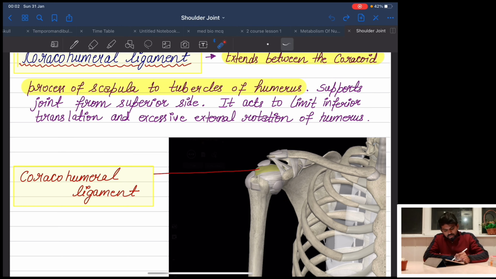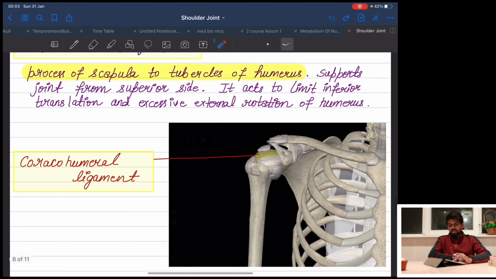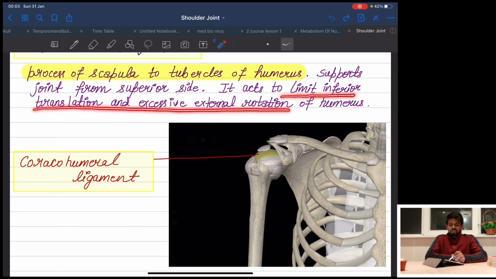And it extends till the tubercle of the humerus here. This ligament supports the joint from the superior side, and it acts to limit the inferior translation and excessive external rotation of the humerus.